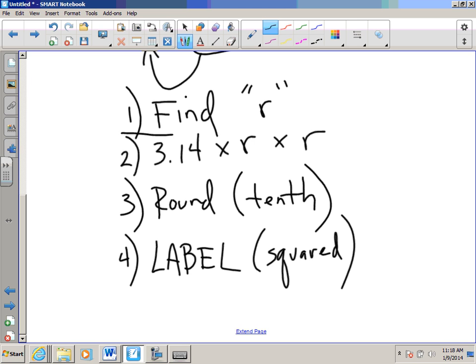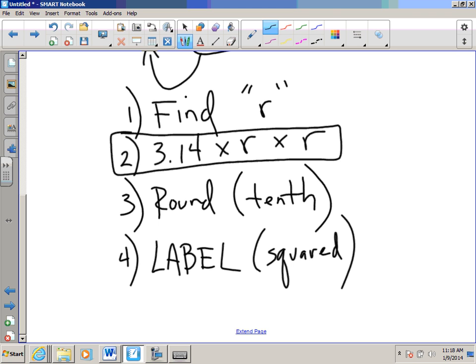This here is the formula. Now, what do you know about the order in which you have to multiply? Is there an order in which you have to multiply if all you're doing is multiply? Is 4 times 2 the same as 2 times 4?